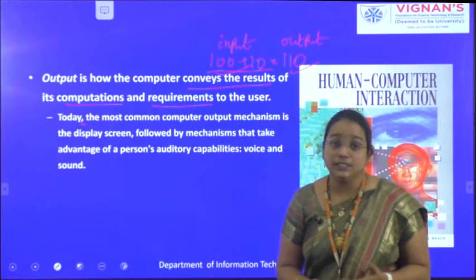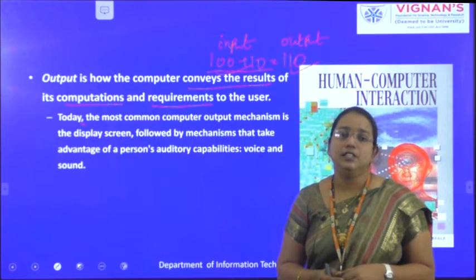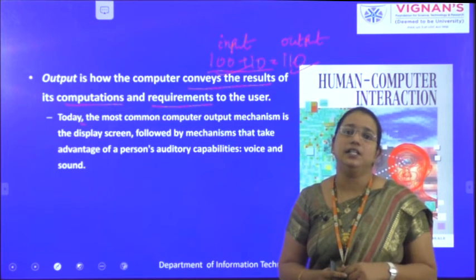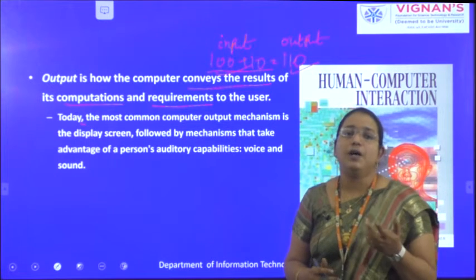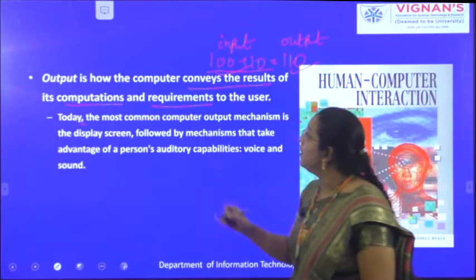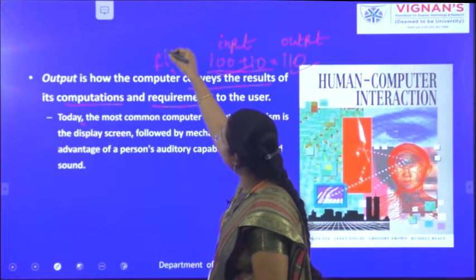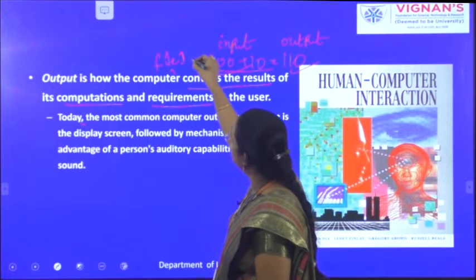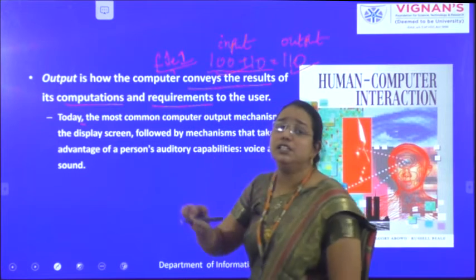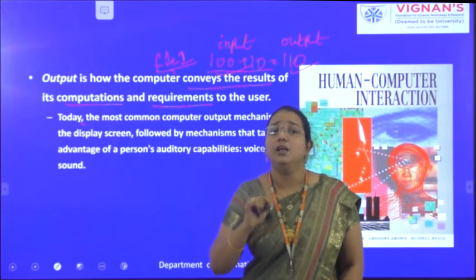Suppose I am going to search for things, whether a particular movie or my file is there in the system or not. Suppose my file name is file1, I will type file1 in the search bar to check whether a file with that name is available or not.